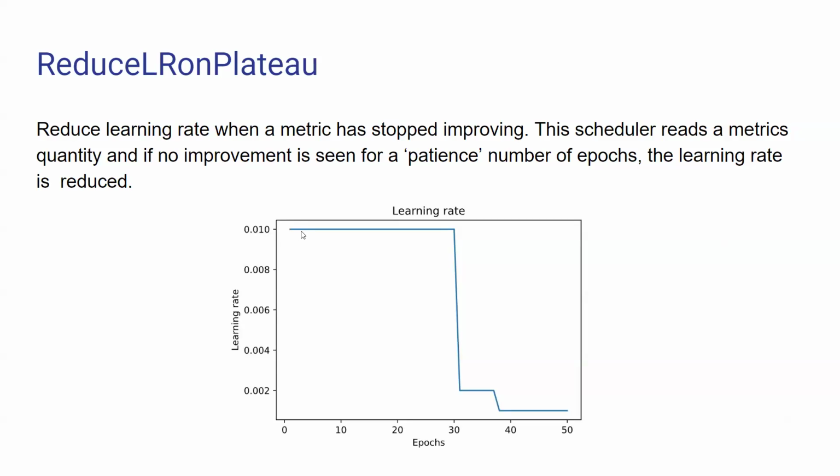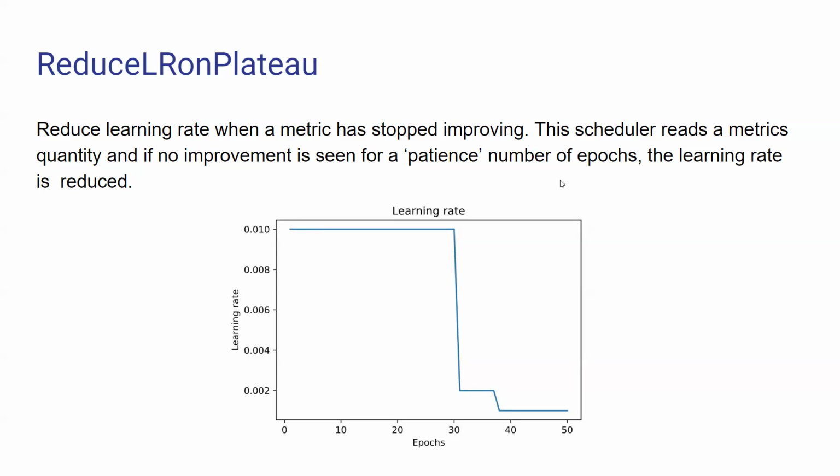If it's a loss, it checks whether it's going down. You'll set a parameter called patience, which, as it sounds, means if you don't see the metric improving, wait for X number of steps before reducing the learning rate, right? If it improves and then, let's say in this case, it doesn't improve again, it will reduce after X number of steps.